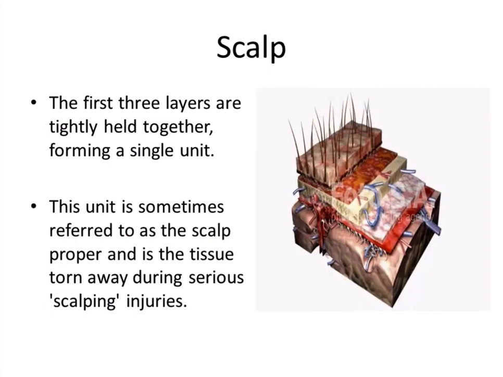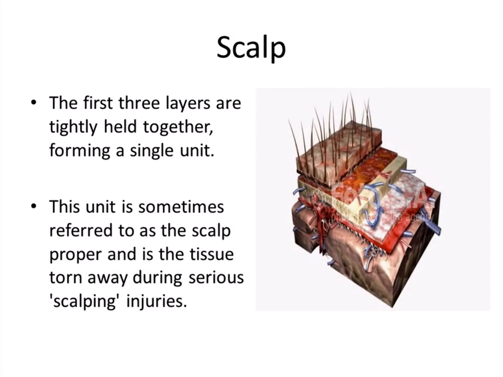The first 3 layers are tightly held together. They attach firmly to each other to form a single unit. This unit is sometimes referred to as the scalp proper. If the tissue is torn away during a serious scalping injury, these firm layers will be lacerated together.